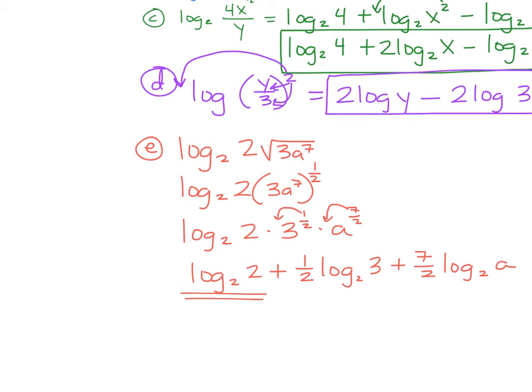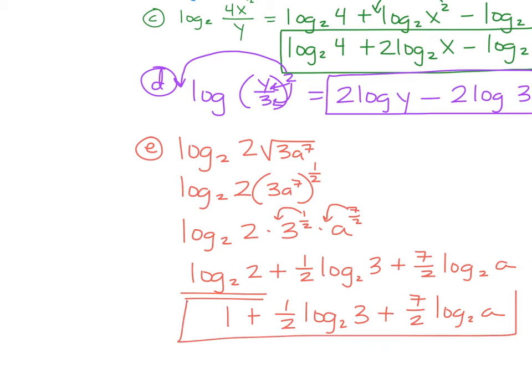So really simplified, you can call this 1 plus 1/2 log base 2 of 3 plus 7/2 log base 2 of a. Whew! How about that? You like that? Yeah, I like that a lot. There's a lot going on, I know. Okay.